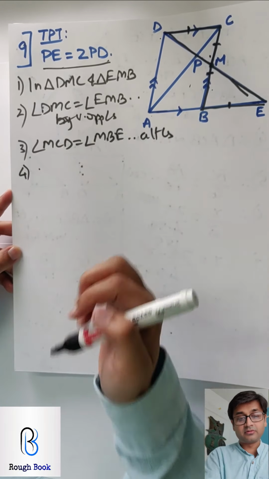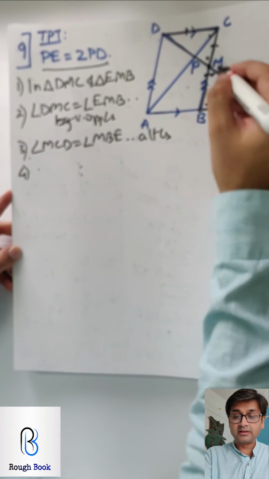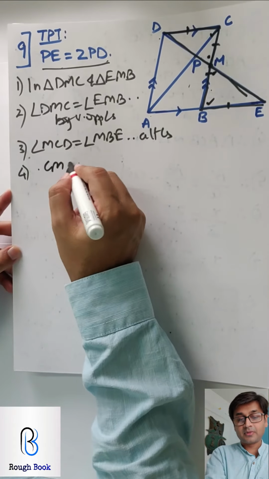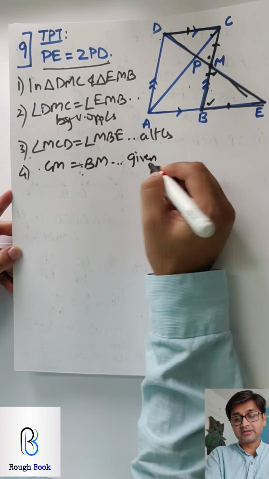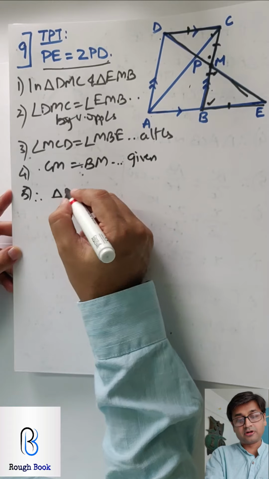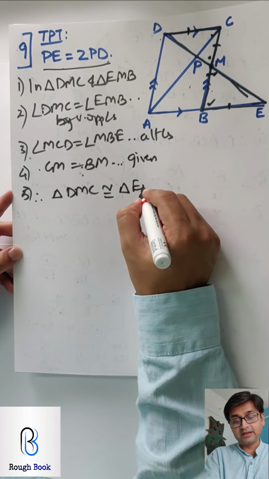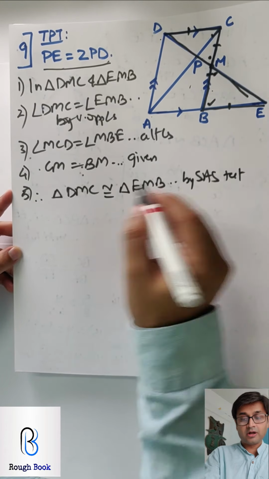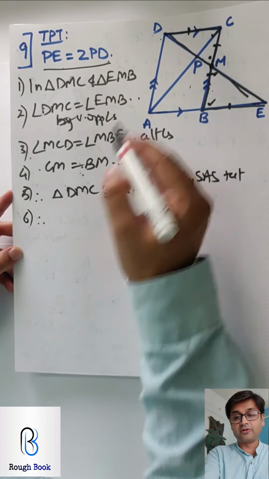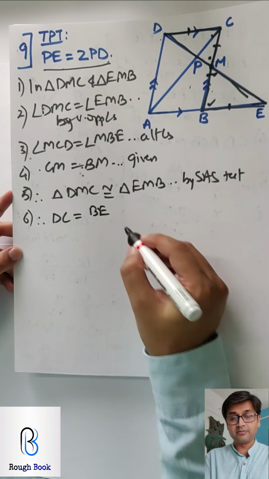That's two, 1 and 2. And third is CM and BM. CM equals BM given since M is the midpoint, and therefore triangle DMC is congruent to triangle EMB by SAS test. Once you prove the triangles congruent, therefore DC is equal to BE. These two became equal.